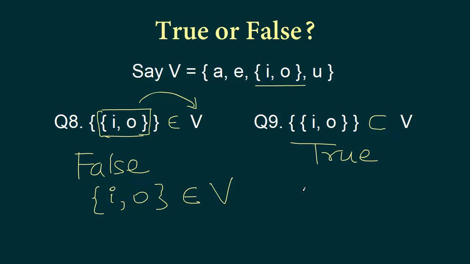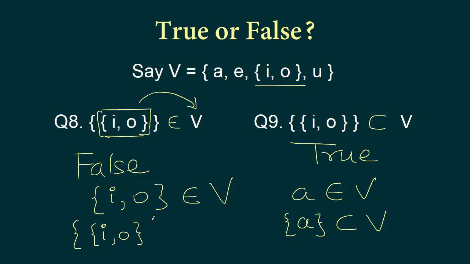So again, very clearly, the way we say A belongs to V and the set containing element A is a subset of V, in the same way this set belongs to V, and when we create a set that contains our set, this is a subset of V.